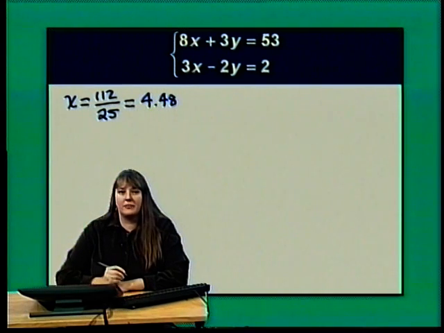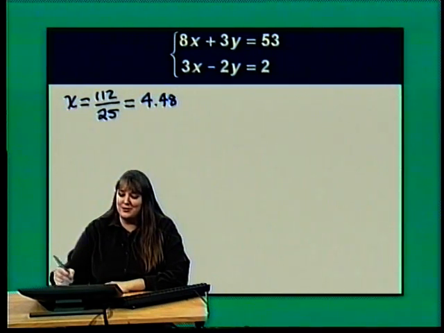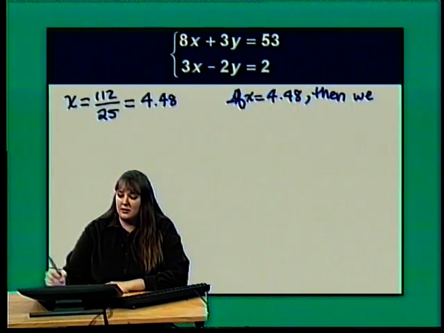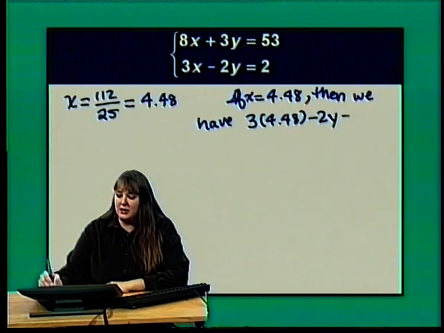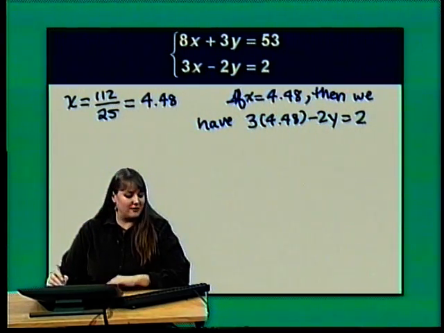Now I'm going to solve for y. I think I'm going to use that second equation just because it has some smaller numbers in it. So if x equals 4.48, then looking at the second equation, we have 3 times 4.48 minus 2y equals 2. Well, let's get out a calculator for that first calculation.